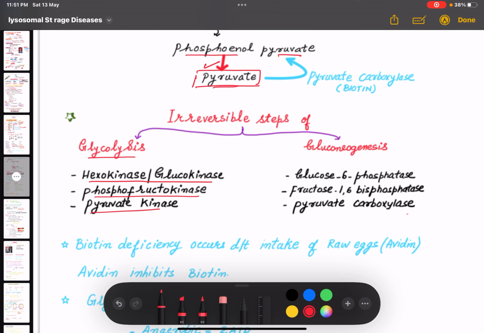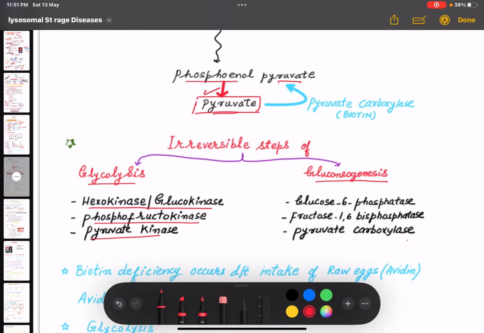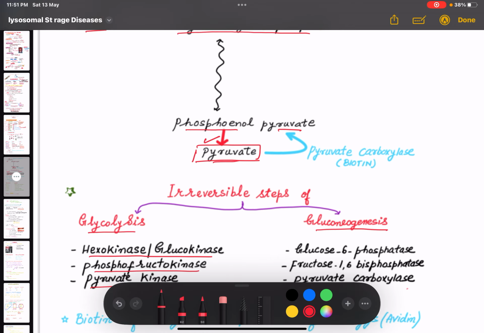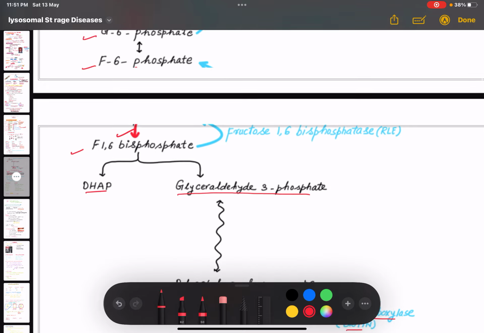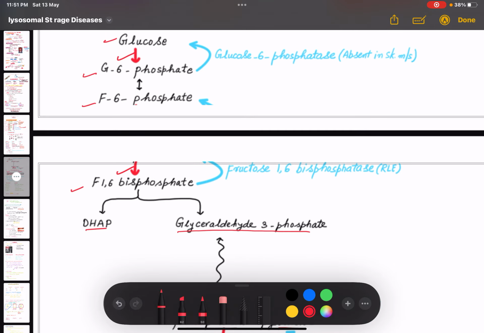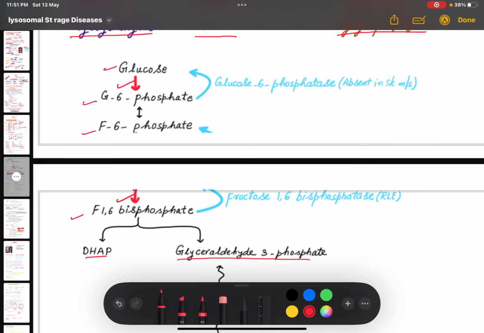And what are the irreversible steps of gluconeogenesis? You can see the pyruvate gets converted into phosphoenolpyruvate by the enzyme pyruvate carboxylase, which needs biotin. And here you can see another irreversible reaction. We have to reverse this, that is fructose 1,6 bisphosphate to fructose 6 phosphate.